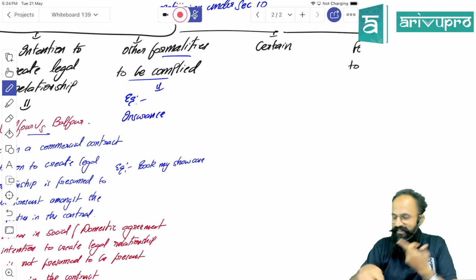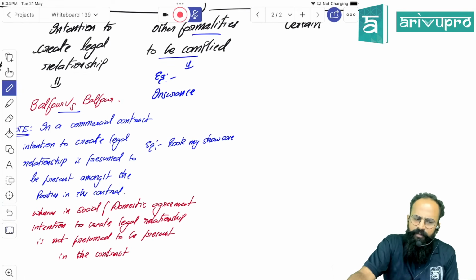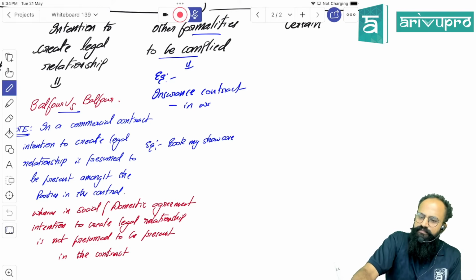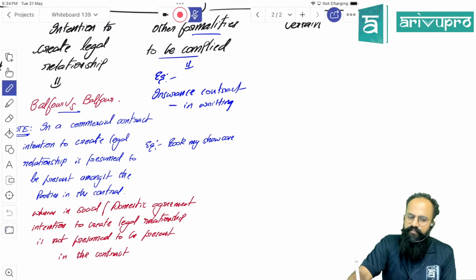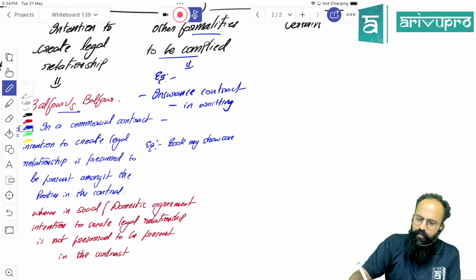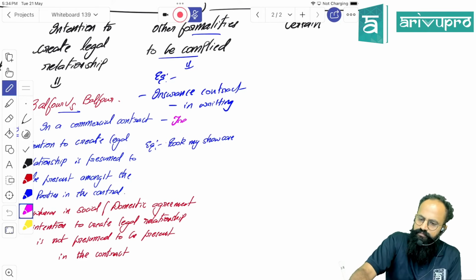Understood? Yes, sir. Okay. So other formalities to be complied. If it is insurance contracts, it has to be in writing. If it is transfer of immovable property, what is transfer of immovable property? Land, building.